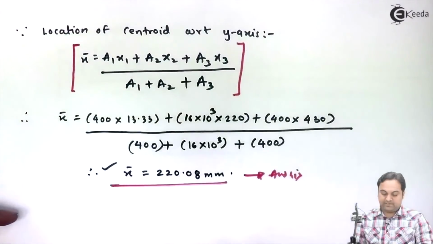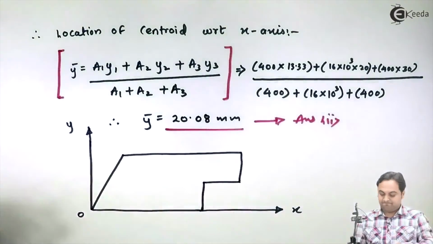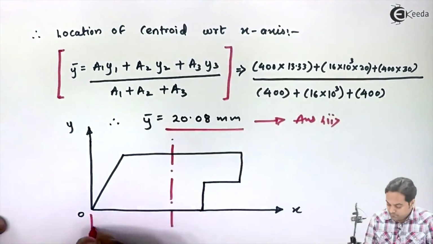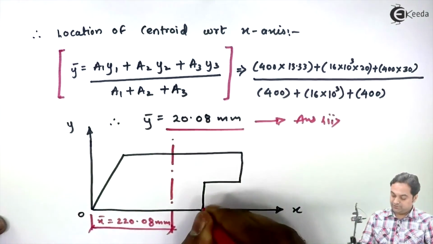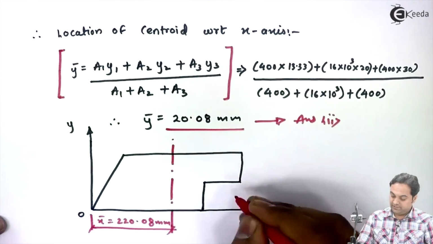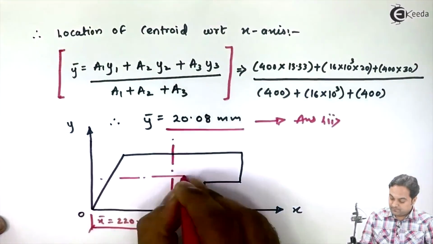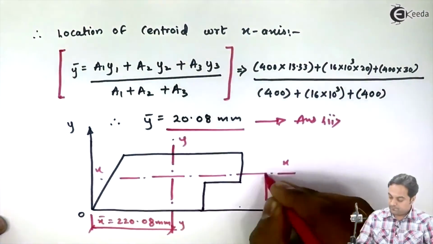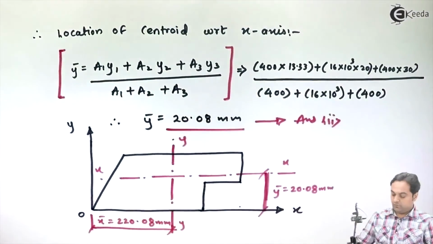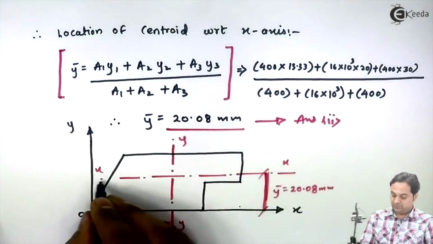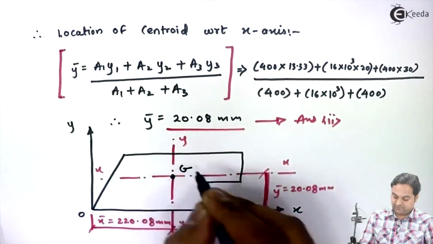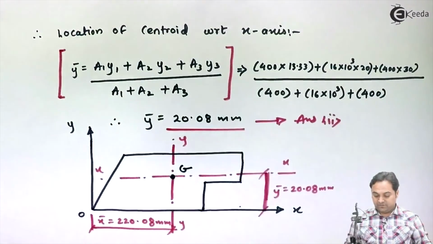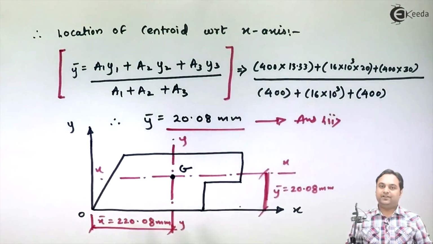So this x bar is the distance of the y-axis. y bar is 20.08, so this much distance, it was 20, so just above this. Once we have got x bar and y bar, that is the location of x-axis and y-axis, their intersection will give us the centroid, and hence with the location of centroid we complete this problem.